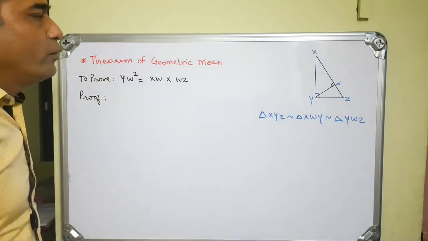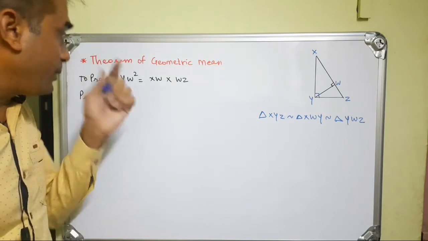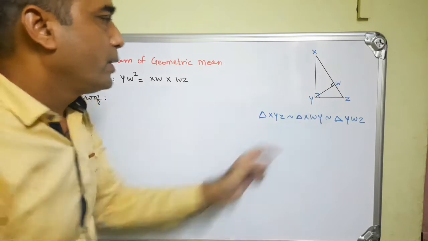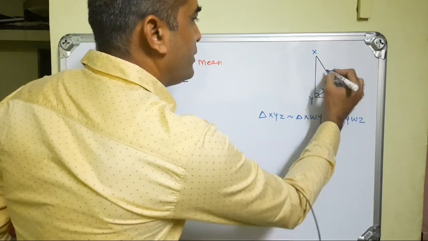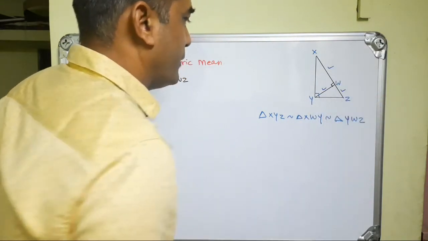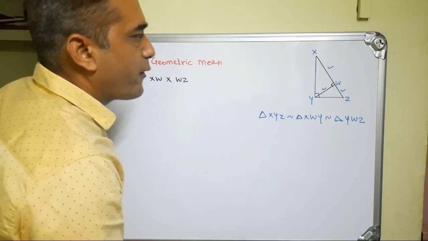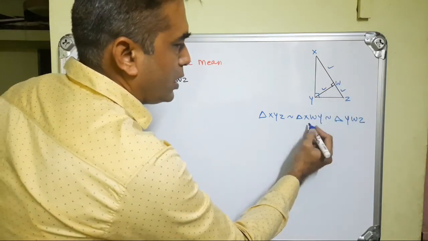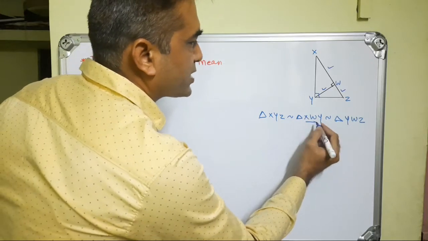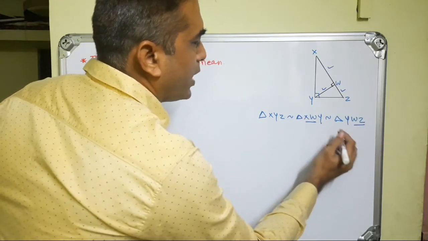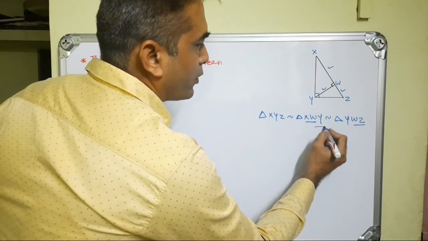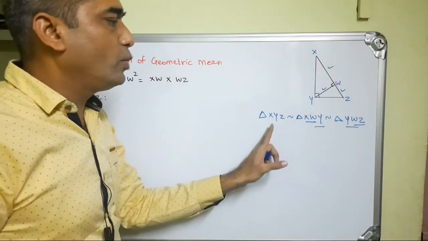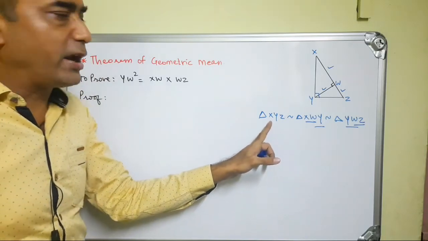The segments we need in this statement are YW, XW and WZ. These segments are in these two triangles, so there is no need of the triangle XYZ.